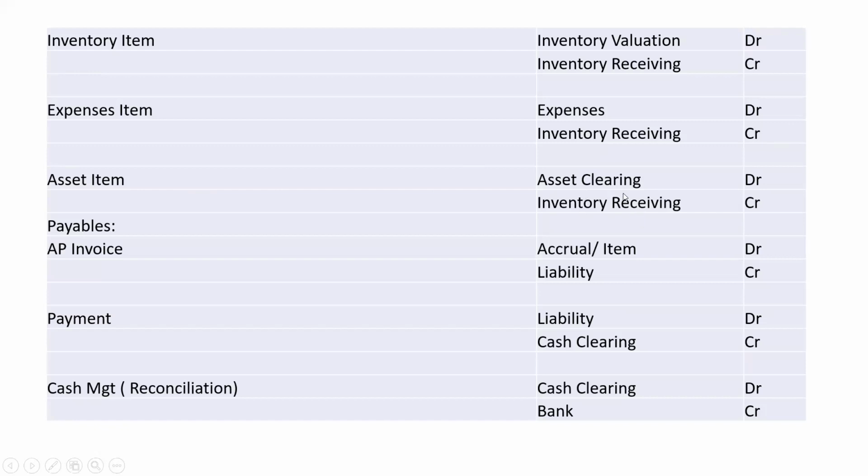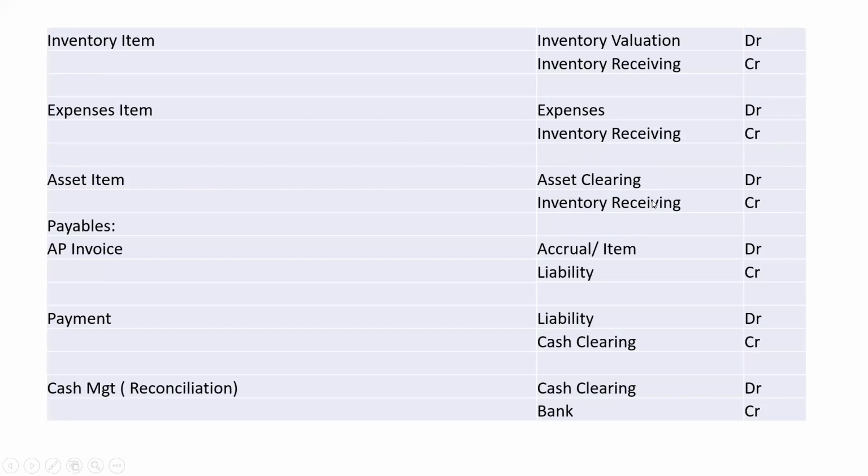Whenever you see clearing accounts coming in the accounting entry, there will again be a credit entry generated, otherwise these accounting entries will not balance. So there is another entry generated for an asset item.